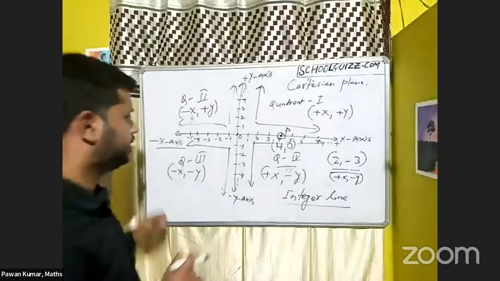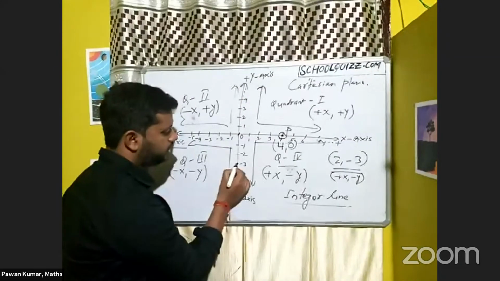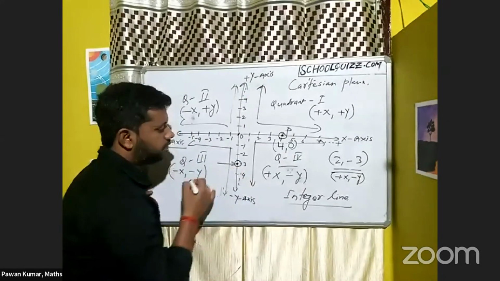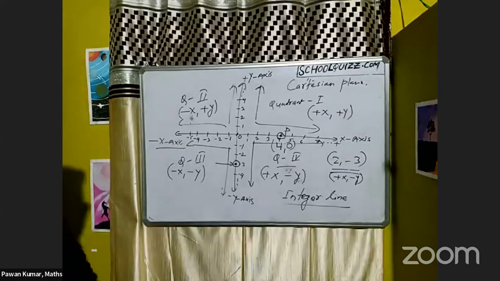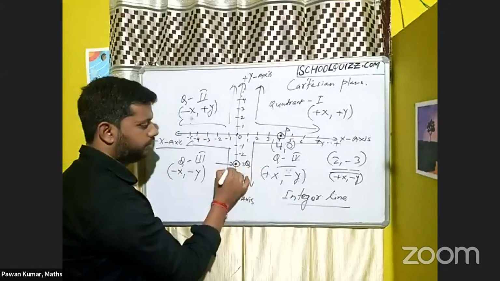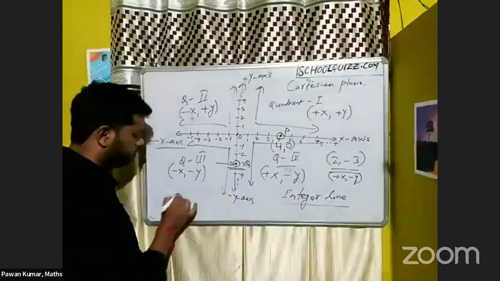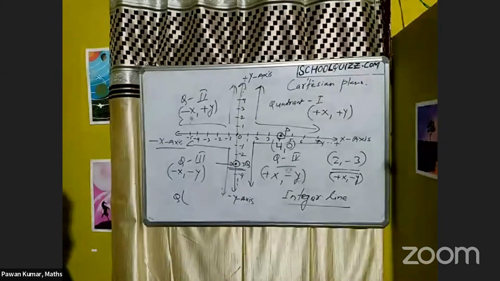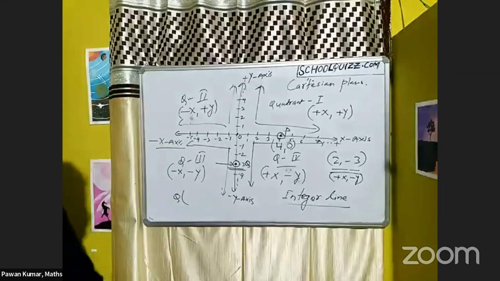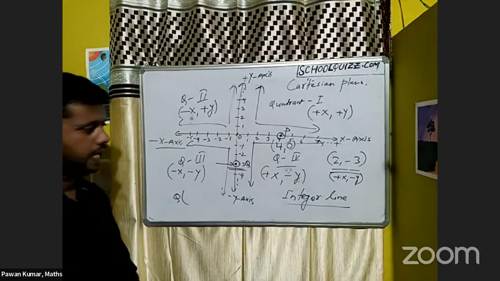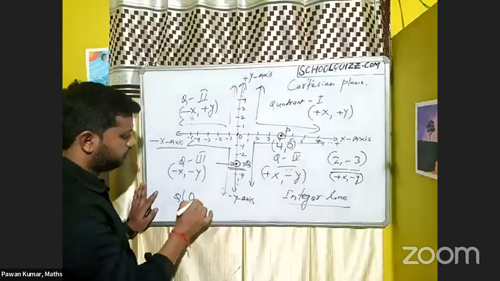If I am representing this point, let it be q. What name should I give this point? So, sir, here (0, -3).